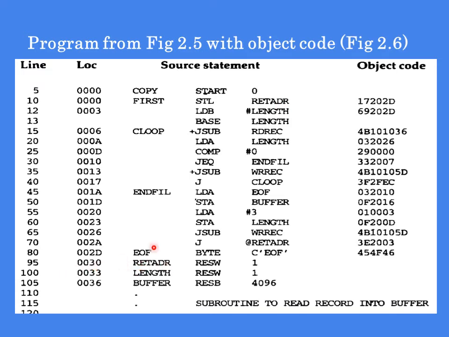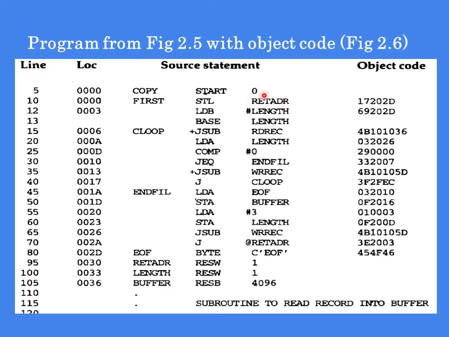So in SIC, directly we used to write that address 0030 in the object code, but here you can see that it is not that value, it is some other value. So that's what I meant, we are not directly mentioning the address in the operand part.